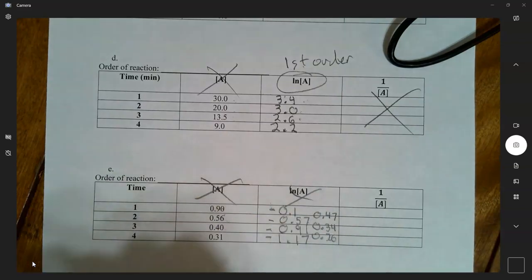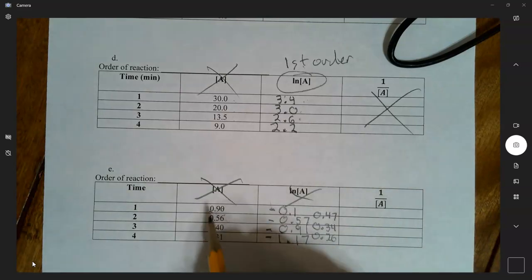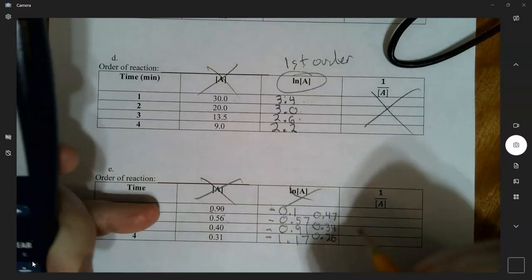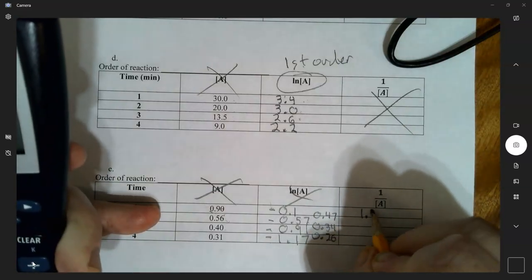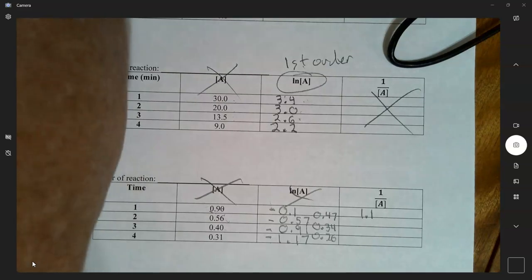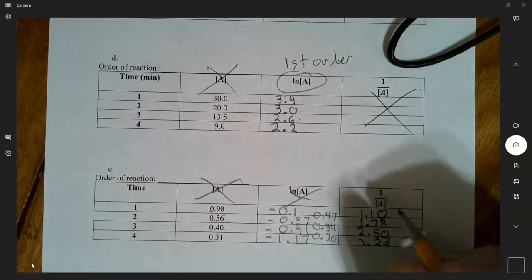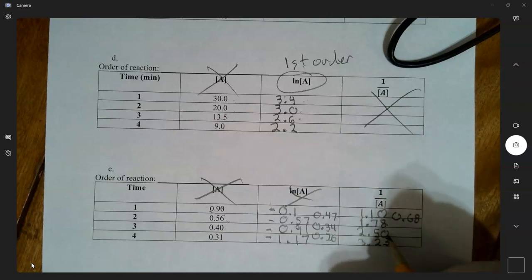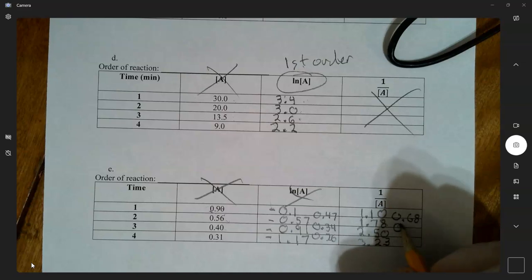So now we do 1 over each of these. 1 over 0.9, and we get 1.1. Okay, I'll stop the video. So I see this is 0.68. This is from 78 to there.